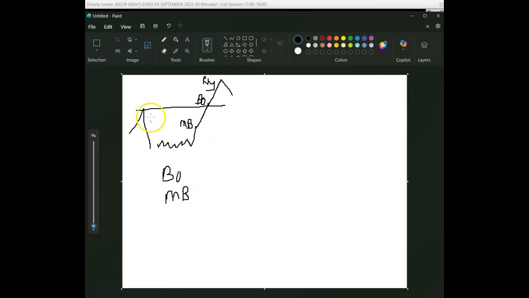Markup bar will be coming from a support area, which will have sideways bars that represent your accumulation. And within that accumulation will be a line. That line is the max accumulation line. It's the level that has the most amount of accumulation.